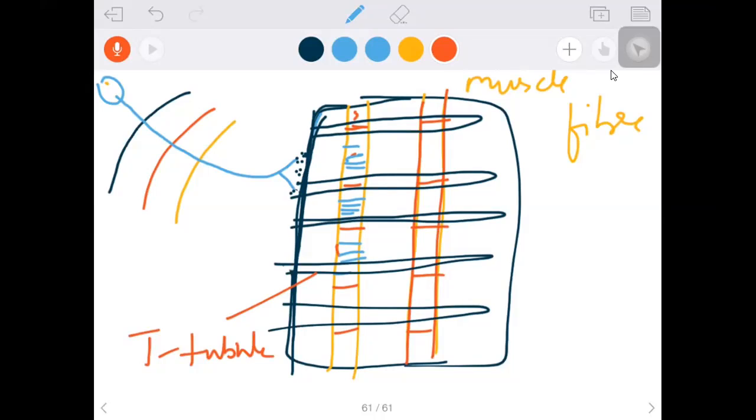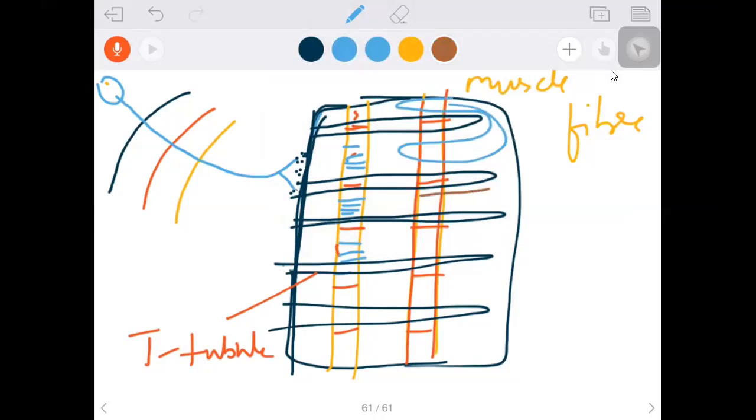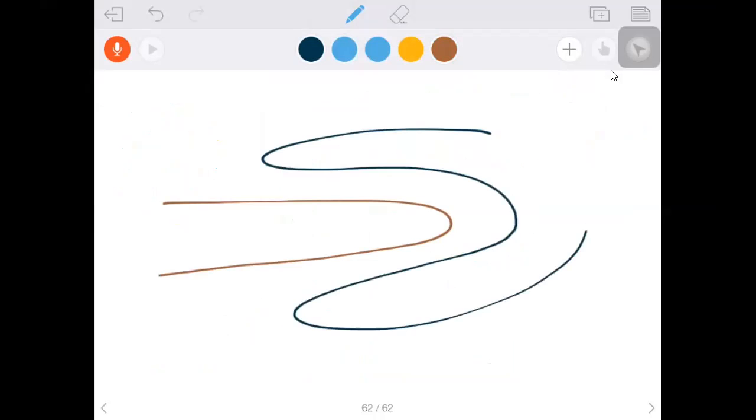On either side of this particular tubule, we can see the cisternae of the sarcoplasmic reticulum. Let us use another color for this. So this is the transverse tubule, and these are the cisternae of the sarcoplasmic reticulum.